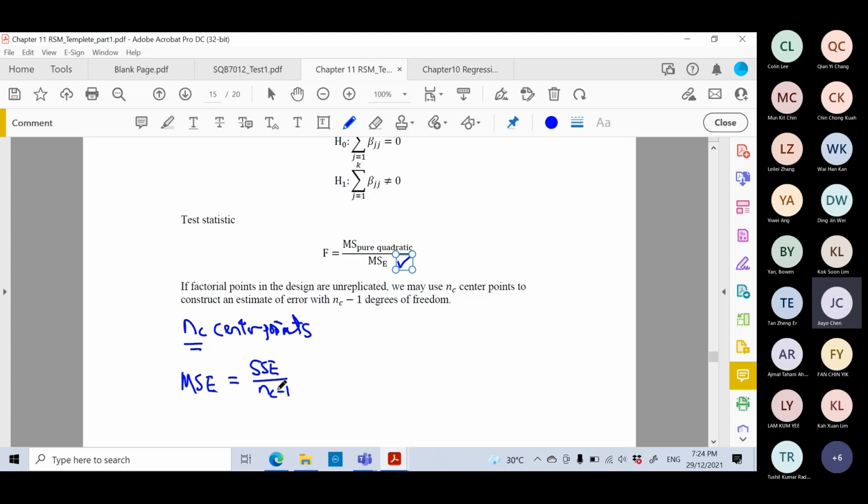It is a sum of squares divided by the degrees of freedom, nC minus 1. This one I call the pure error.